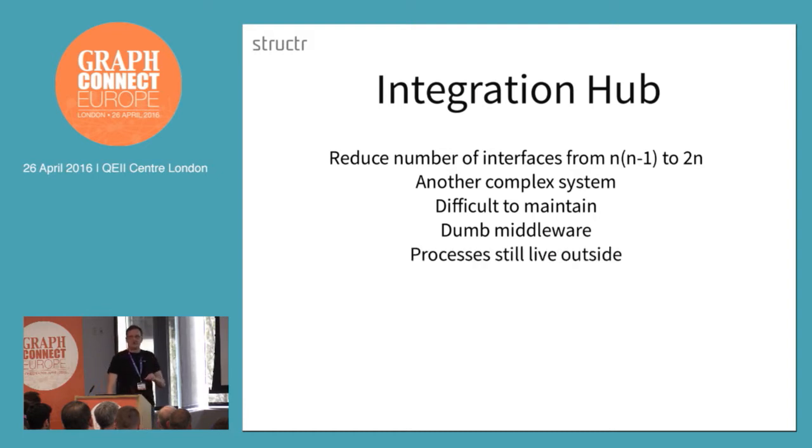And the major problem is the processes still live outside this integration hub. It's very hard to really integrate processes from different IT systems within your company into one integration hub. So the integration hub is more or less a data exchange and not necessarily something to streamline and integrate processes.